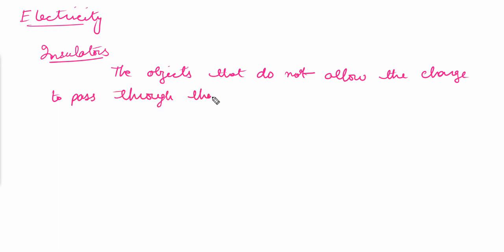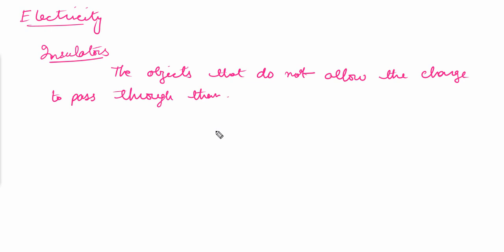That is the difference between conductors and insulators. The conductors allow the charge to pass through them, but the insulators do not. That's why no current flows through insulators and current flows through conductors.